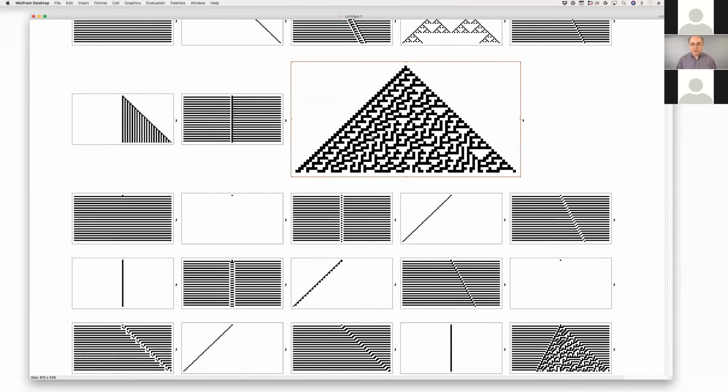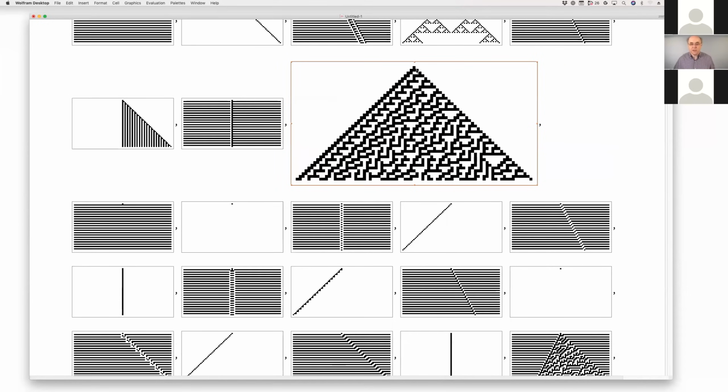And we see, starting off from that simple initial condition, this behavior, and Rule 30 has been, for example, a pseudo-random generator that we've used in Wolfram Language for years. Actually, it was recently retired in favor of a slightly more efficient cellular automaton, but it has served well in that capacity.